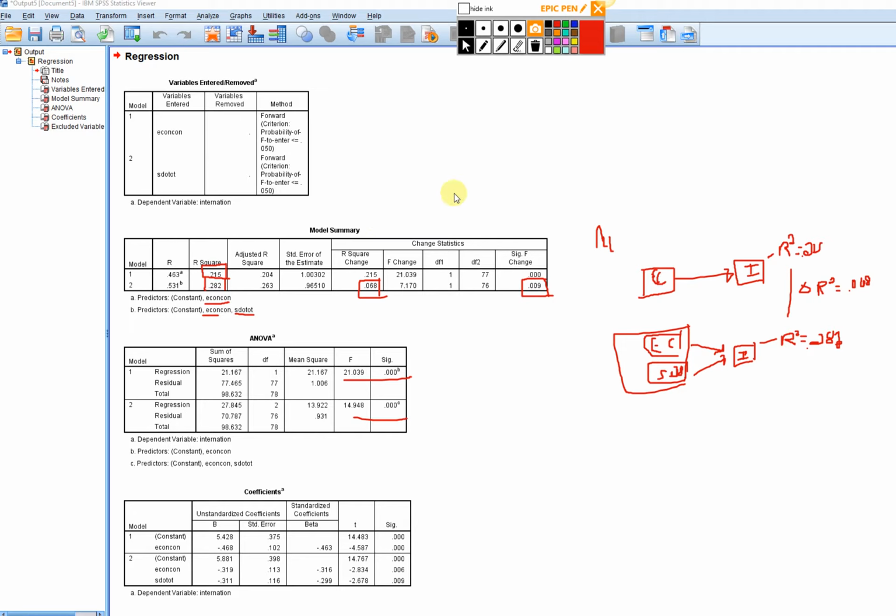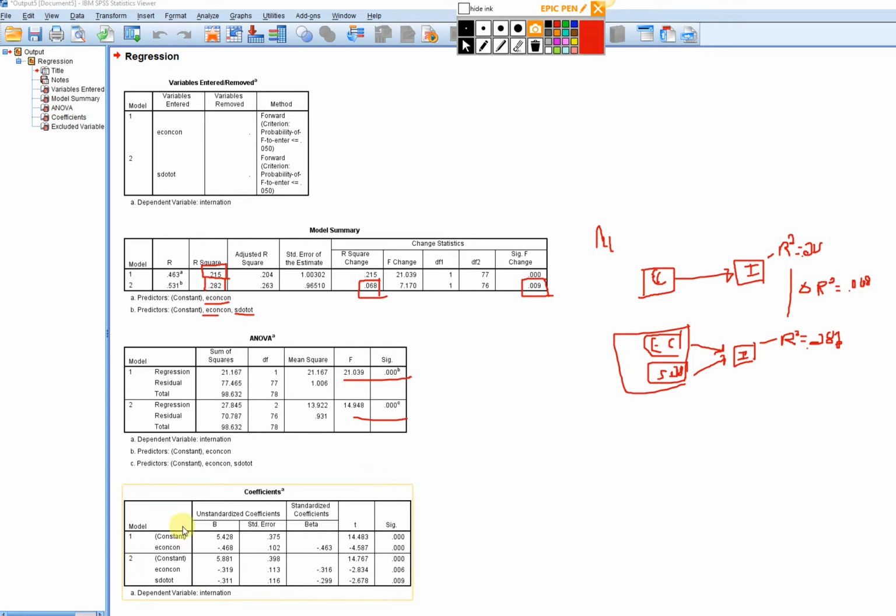Going back, we had actually included 3 predictors, so it would only be a model 3 potentially. But adding in the authoritarianism variable would not have yielded a significant increment in R-squared. Hence the program terminated at that point.